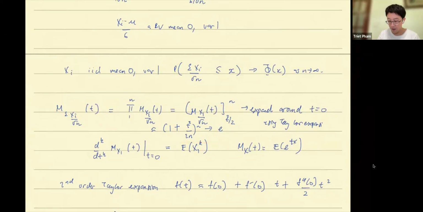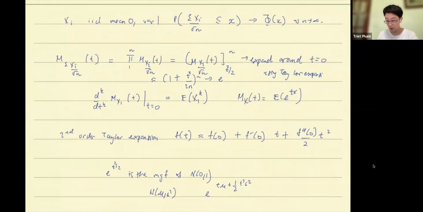The key is that when it comes to the MGF, which is the main tool used here, the first 2 or 3 terms are the same regardless of the distribution, as long as the means are the same and the variances are the same. But the higher terms disappear with higher n. That's why all distributions will converge to e to t squared over 2, meaning it's standard normal.